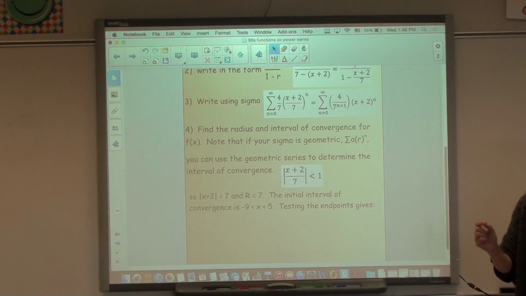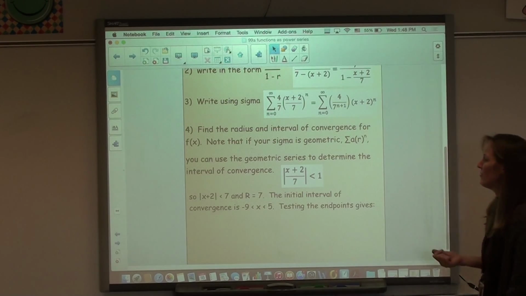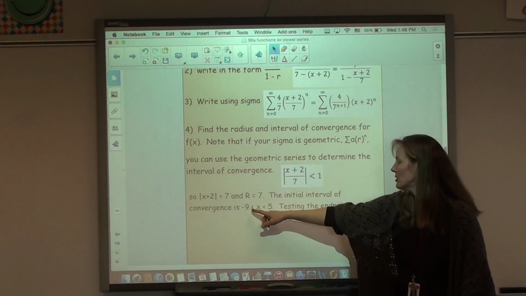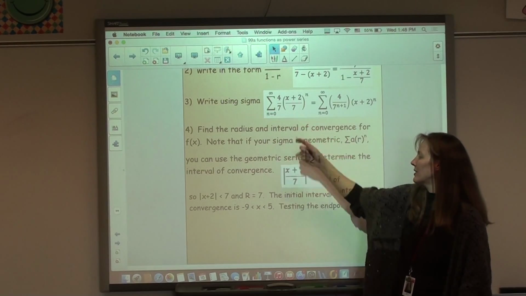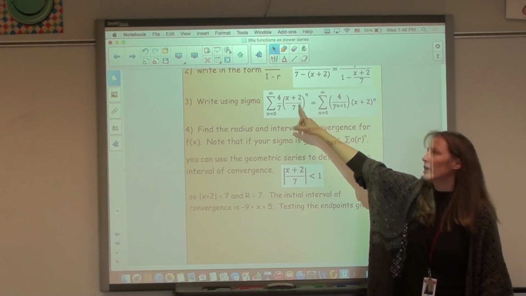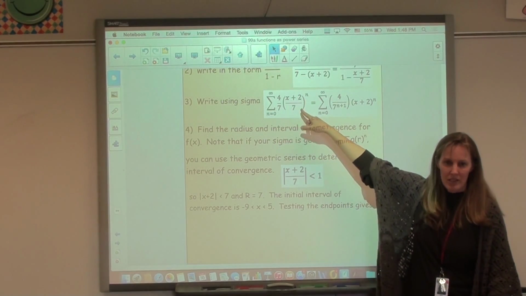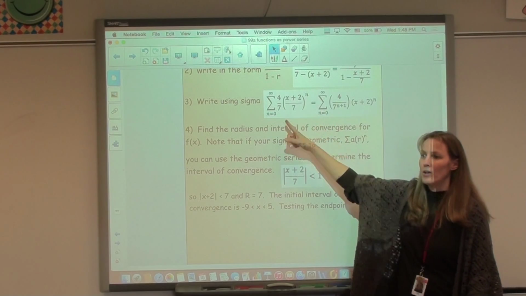Here's the thing about geometric series. If it really is geometric, the endpoints will always diverge. Because every time you plug these numbers in, you're going to get -1 to the n, or a number times -1 to the n, or a number times 1 to the n, and it will always fail the nth term test.